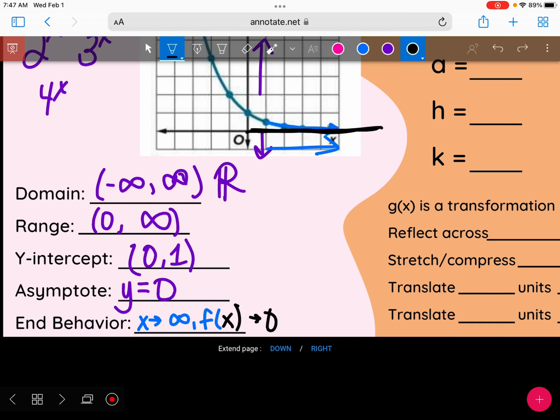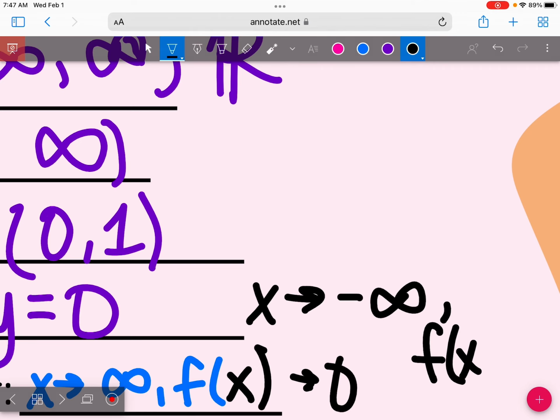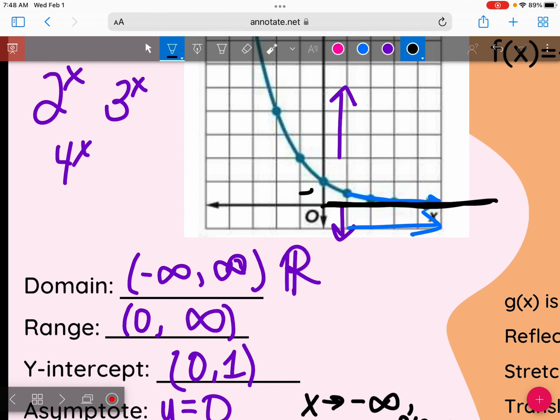As x approaches negative infinity, f of x approaches what? So as x goes this way, that big black arrow, what are we approaching?